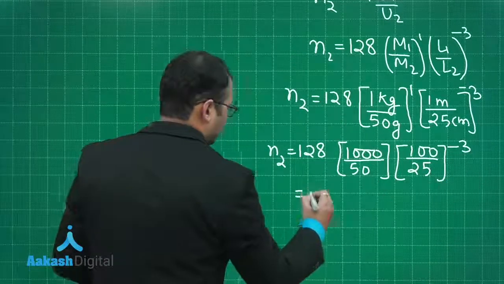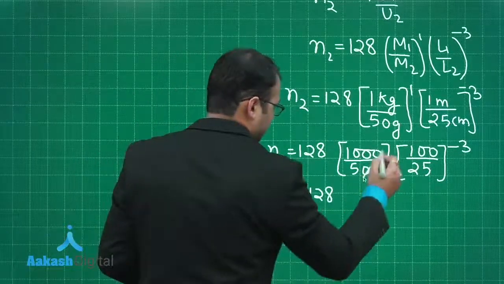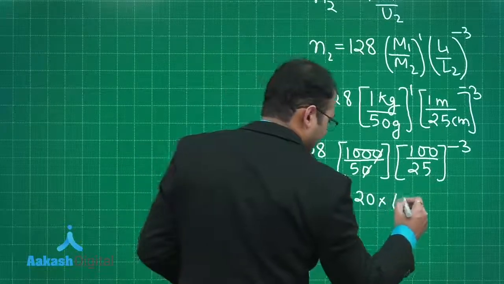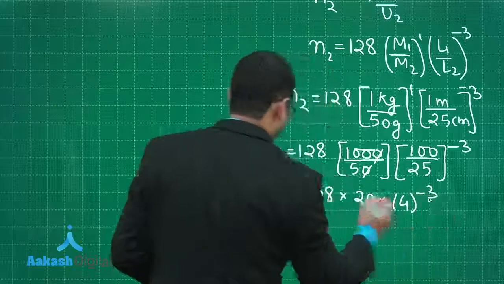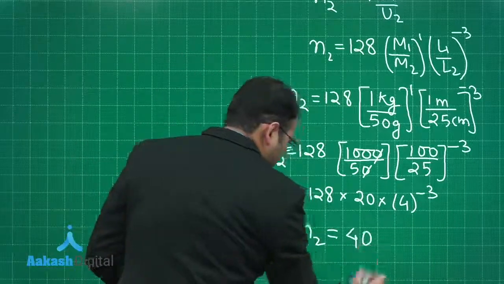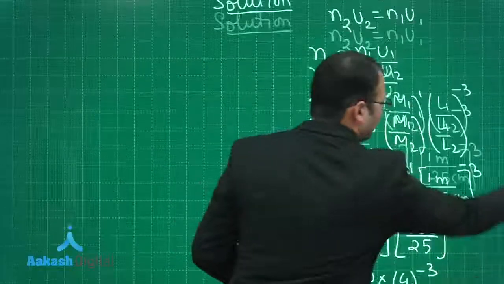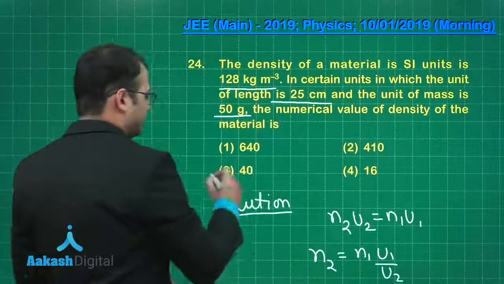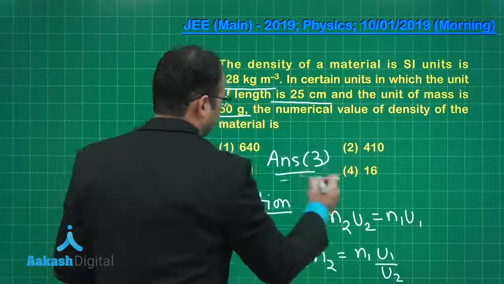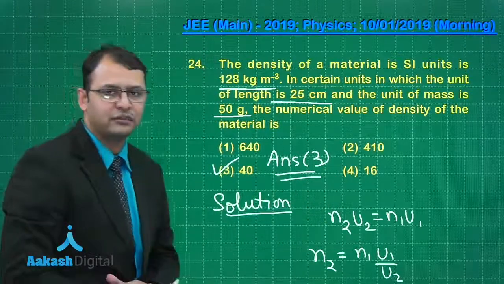This is 128, this will be 20 and this would be 4 power minus 3. When you solve this, you will get n2 equal to 40. Let's see which is the best suited option. So among these four, option 3 is the answer to this question. Let's move on to question number 25 of our next section.